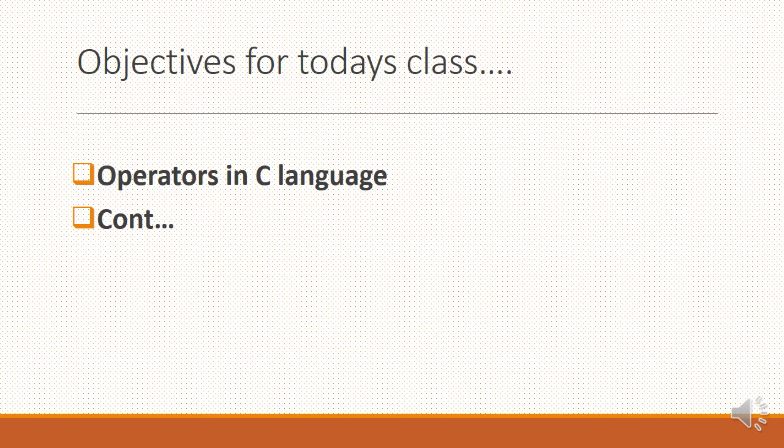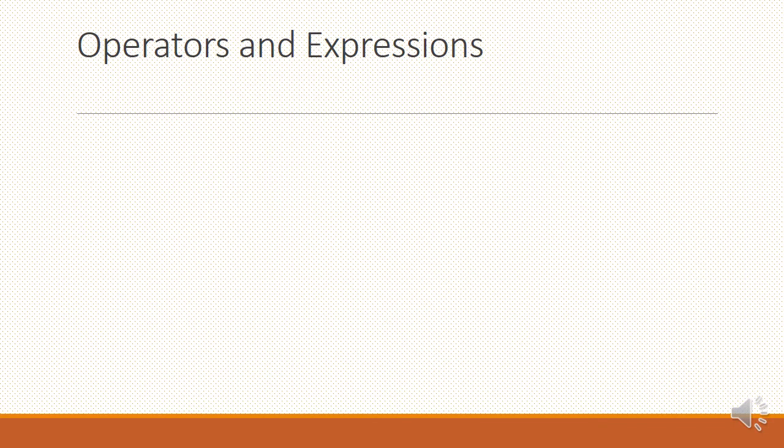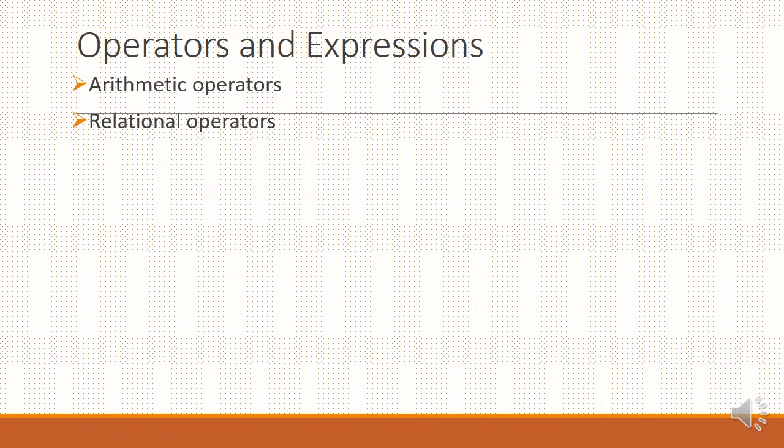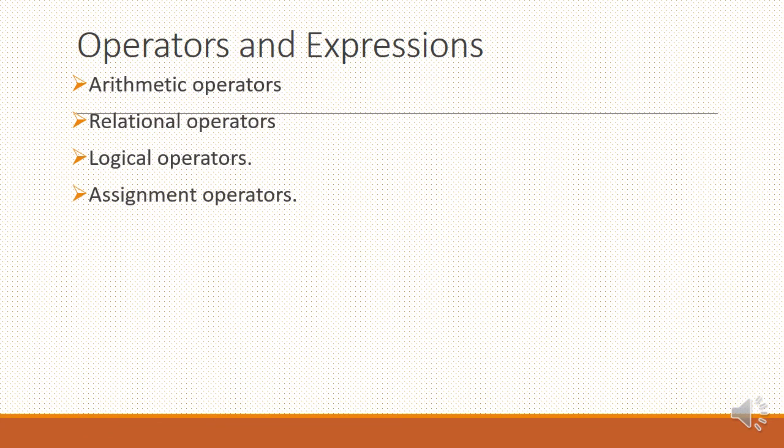Today we are continuing with operators available in the C language. In the last class you completed the arithmetic operators. In today's class we are going to complete relational operators, logical operators and the assignment operators.